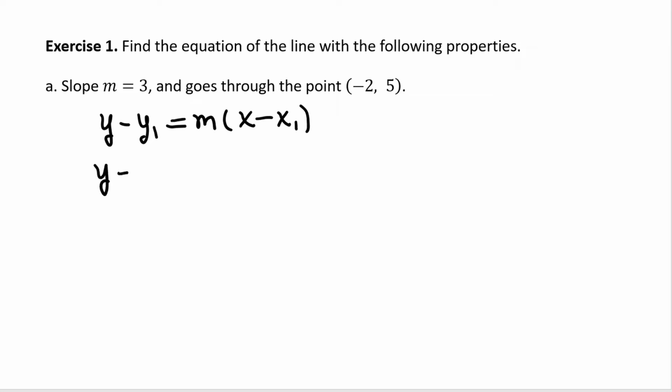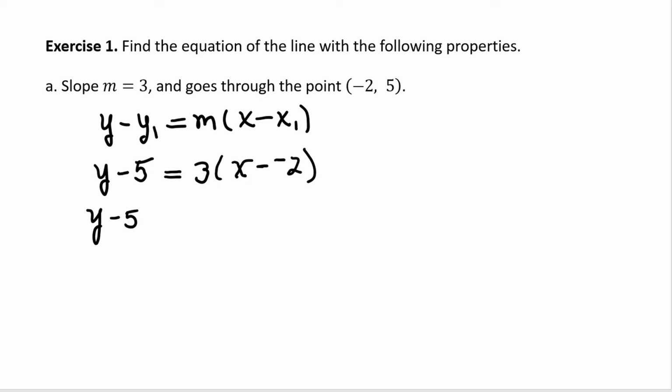We'll do y minus y sub 1 is the y value of the ordered pair, 5, equals, the slope is 3. Then we have x minus x sub 1, which is the x value of the ordered pair, so write -2. Let's simplify.